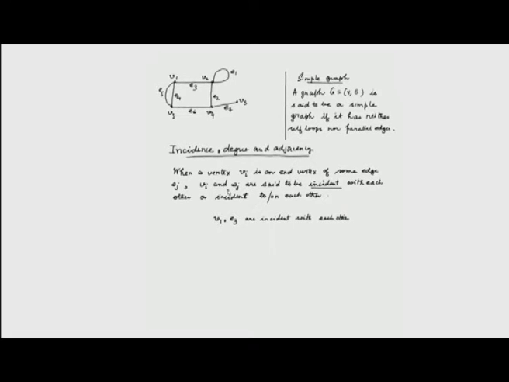Or we can say that E3 is incident to V1 or incident on V1, or that V1 is incident to or incident on E3. Similarly, we can say that V1 is incident with E5, and that V1, E4 are incident with each other, and so on.